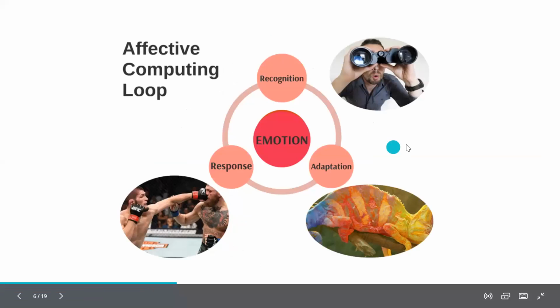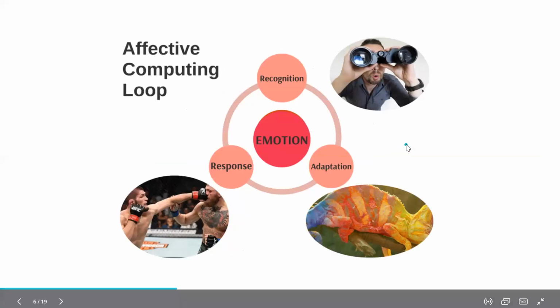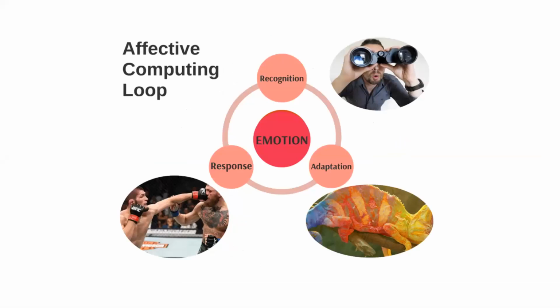And to do this, we need to actually complete the affective computing loop. So we start with recognition by using some kind of sensors in the machine to try to understand people's emotion, facial expression, voice, gait, gesture.